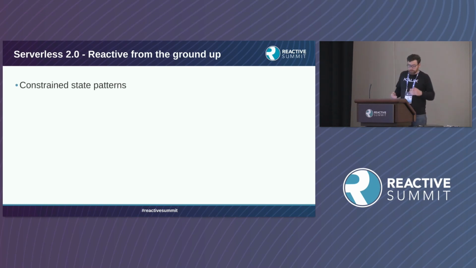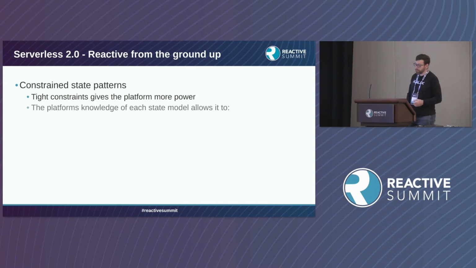So an important thing here is that these state models mean that we have these constrained state patterns. And Jonas did mention in his keynote a little bit about the importance of constraint, because tight constraints give the platform more power. If the platform understands your state model, it can do a lot more with that, such as scaling horizontally.